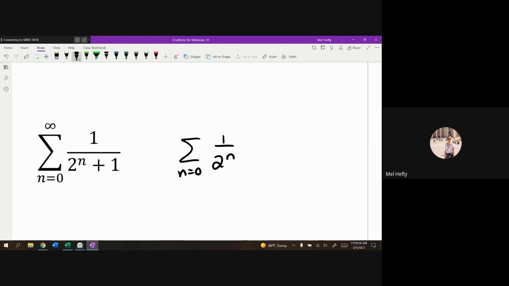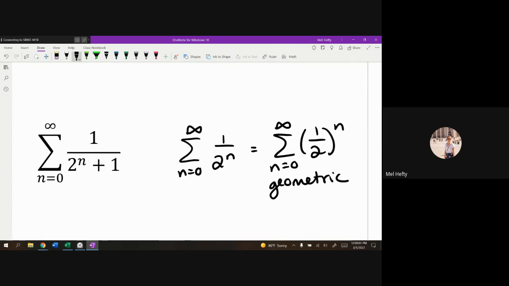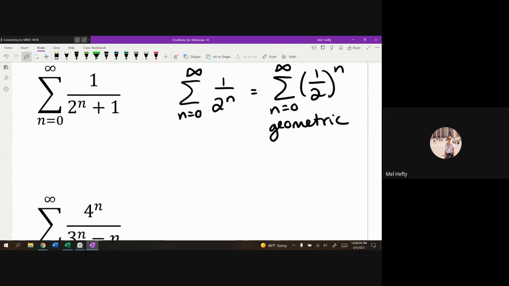How could I rewrite that to make it look even more geometric? Yeah, I could make this 1/2 to the n. So this looks super geometric. How do we do geometric again? Okay, so absolute value of r is 1/2. Why do I care? So what does that do? Converges. We're just intuition right now.